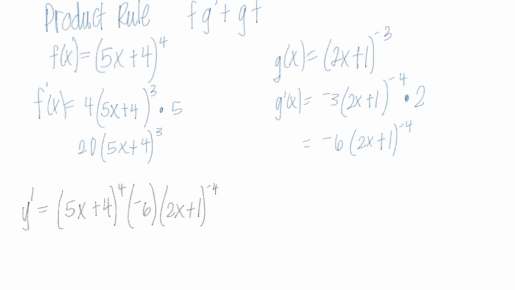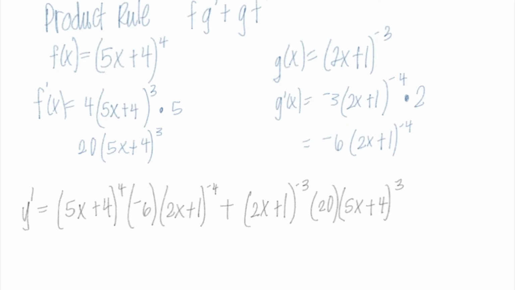That's why I have that negative 6 in parentheses. And for the rest of that product rule, we have plus g, so I copied and pasted g of x. Then the derivative of f was 20 times 5x plus 4 cubed, and I copied and pasted that there.